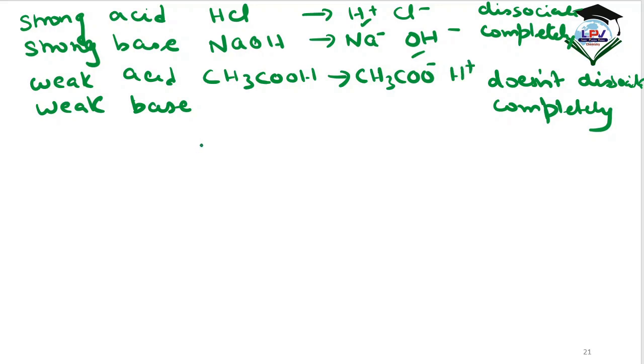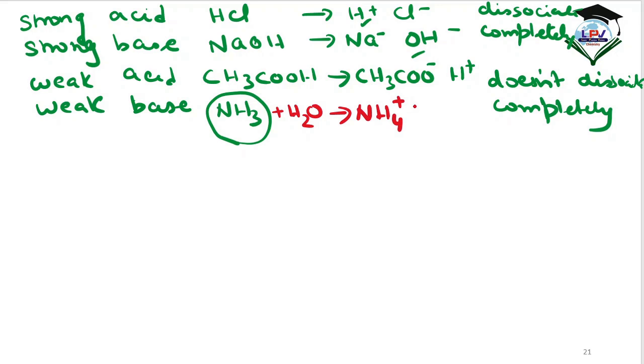Let's take a base, NH3. How can you say NH3 is a base when it does not give OH minus ion? You don't have an OH. For this, let me explain that when it is dissolved in water, you get NH4 plus, which is your ammonium cation, and you get OH minus.